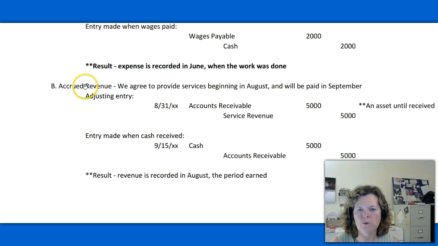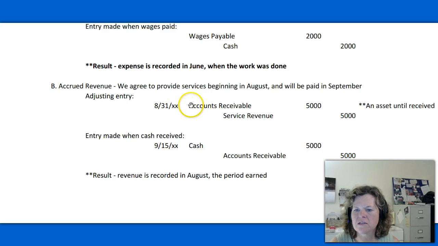The second type of accrual is called accrued revenue. In my example here, we agreed to provide services beginning in August and will be paid in September. So again, because this is an accrual type adjustment, we're going to make the adjusting entry first. In this case, I added some dates just to help us frame everything properly.